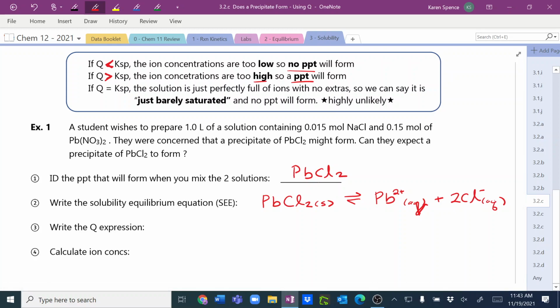Can you write the Q? Q is lead ion, Pb2+, times chloride.